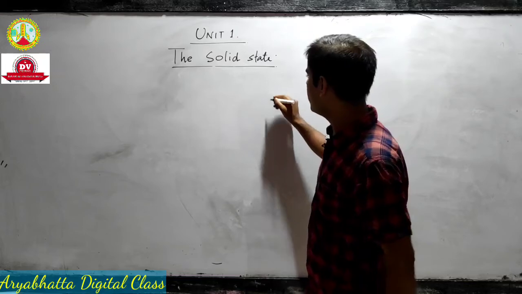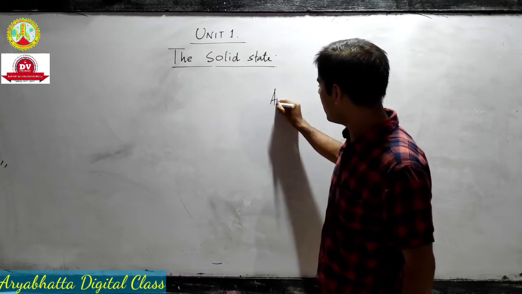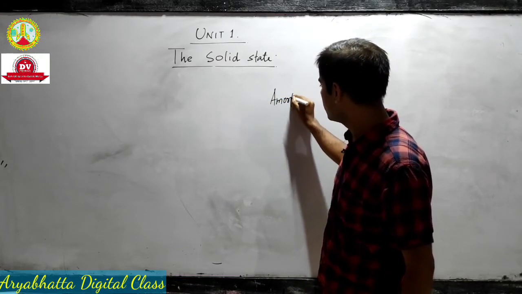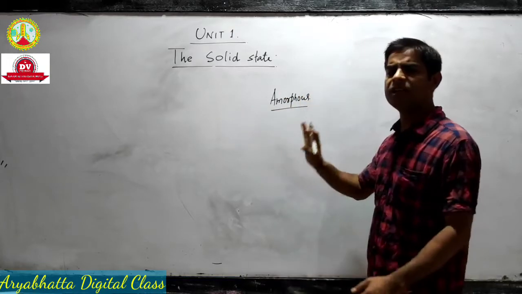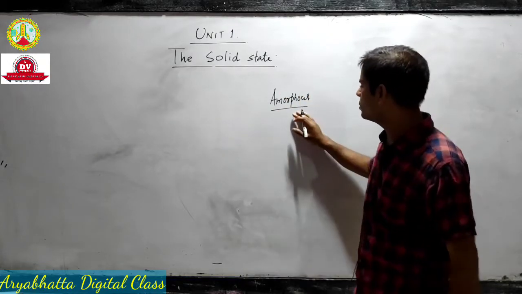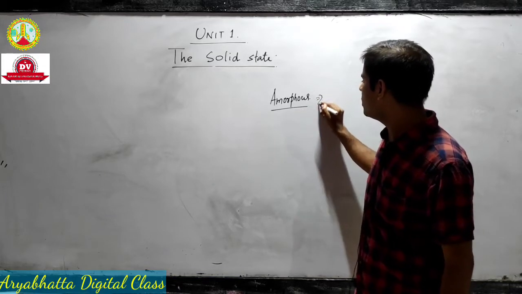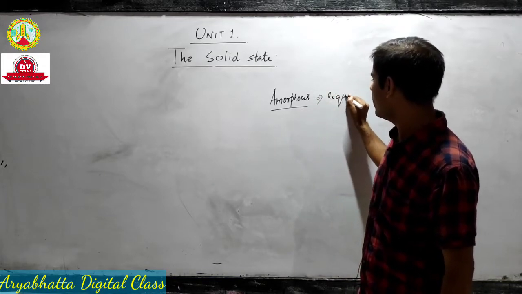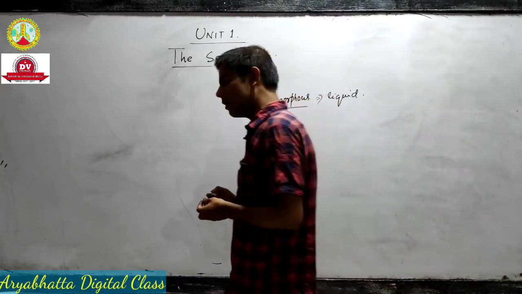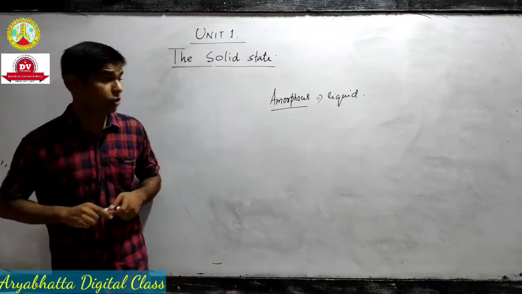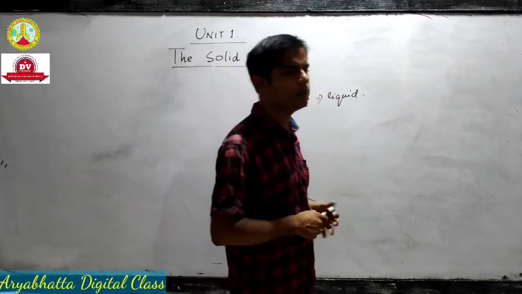Now we will discuss a very peculiar thing about amorphous solids. The arrangement of molecules in an amorphous solid is very similar to that of a liquid, not exactly like the liquid, but similar.